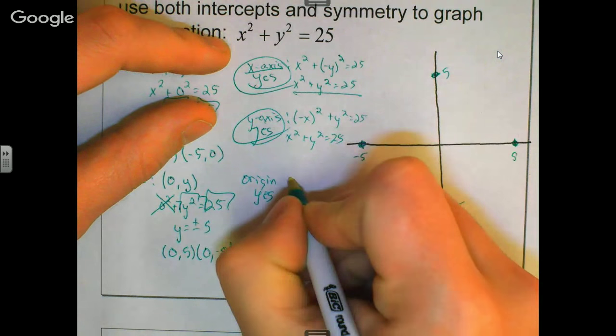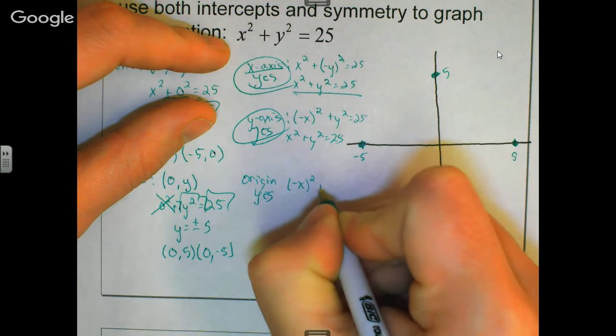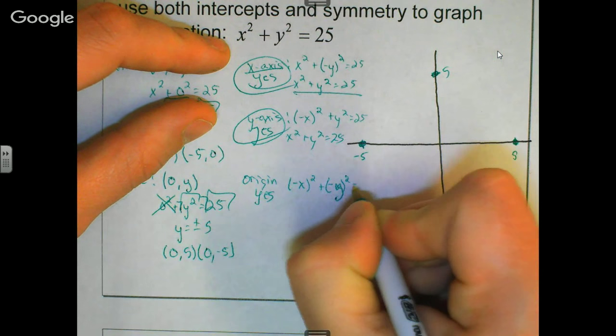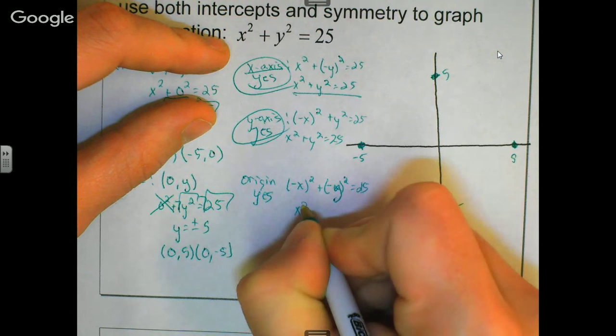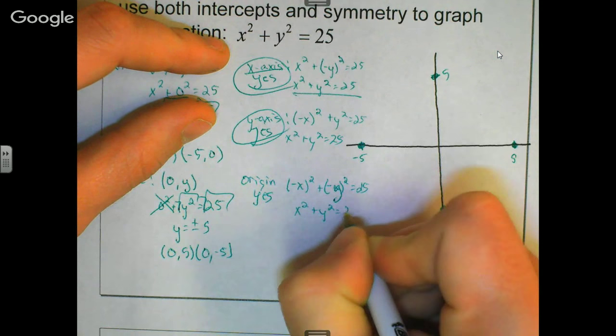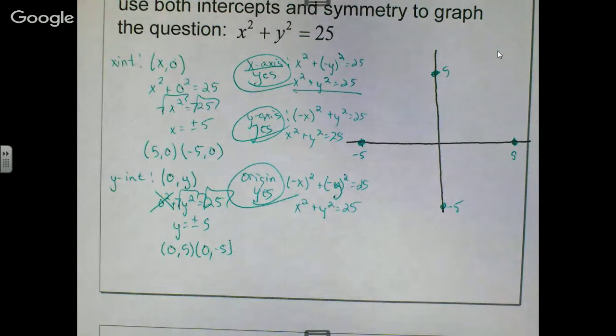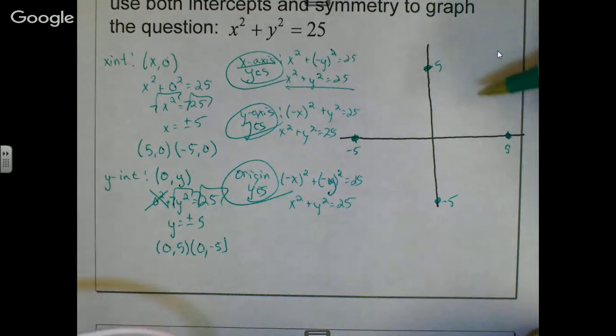Let's just check. We'll plug in negative x. We'll plug in negative y. Whoop. So that's x squared plus y squared equals 25. So that's yes. Okay, so this is perfectly symmetric. Okay. Now it might be helpful to find some more points on here.